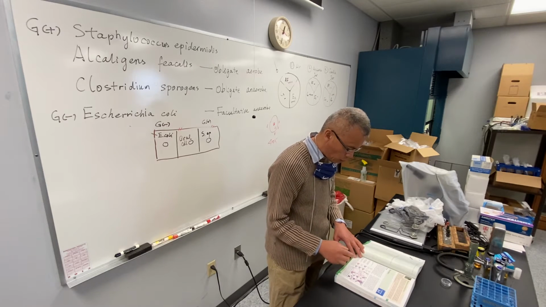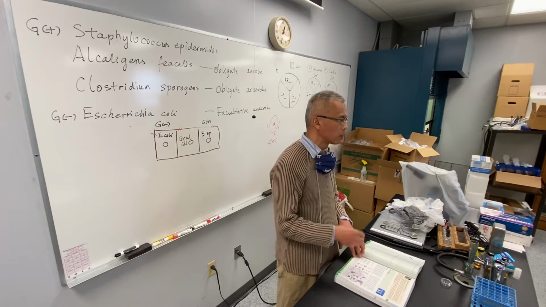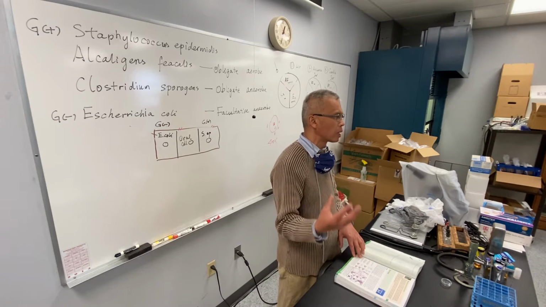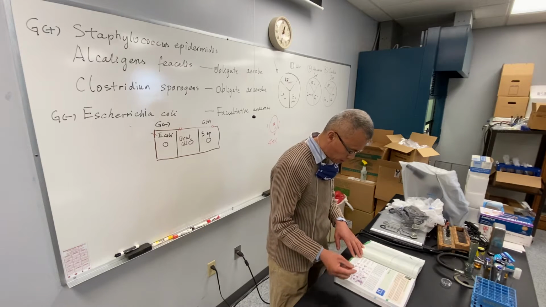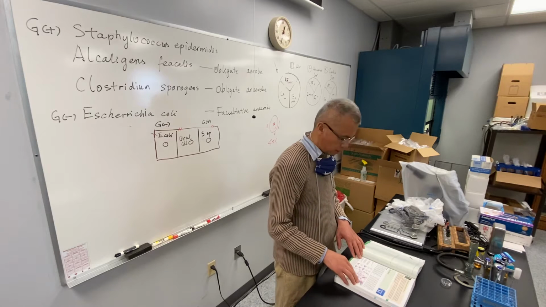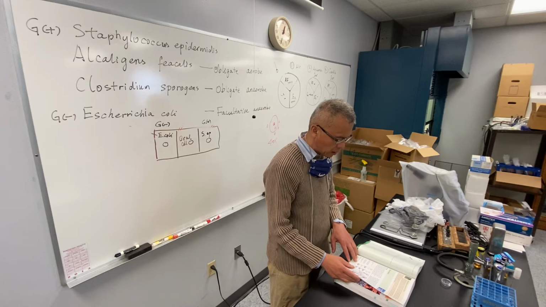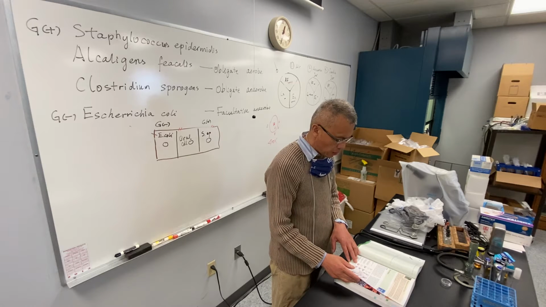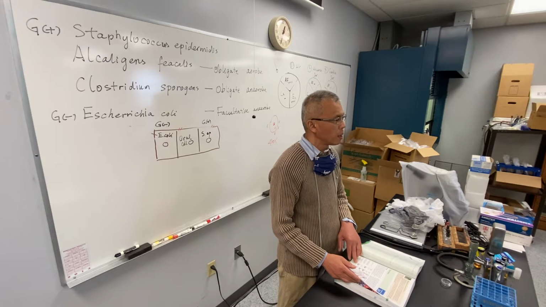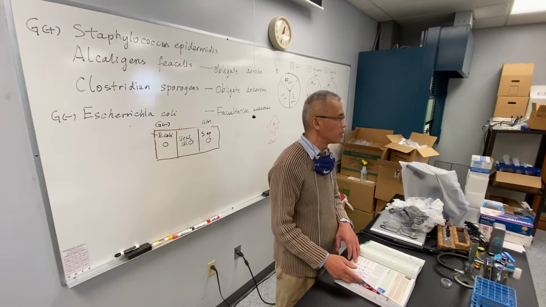Then we need to use a counterstain to bring the Gram-negative cells back to a color, with safranin, which is the pink color. So in the end, the Gram-positive cells will be purple and the Gram-negative cells will be pink.